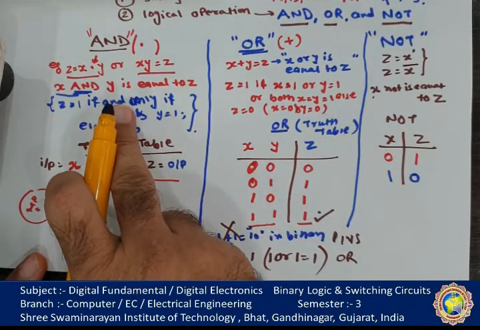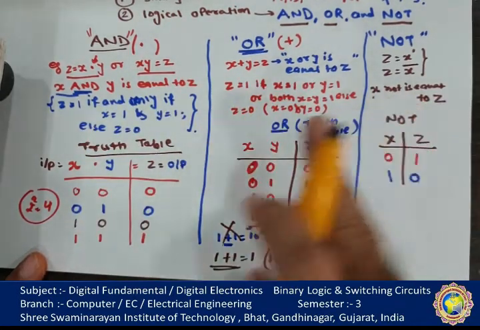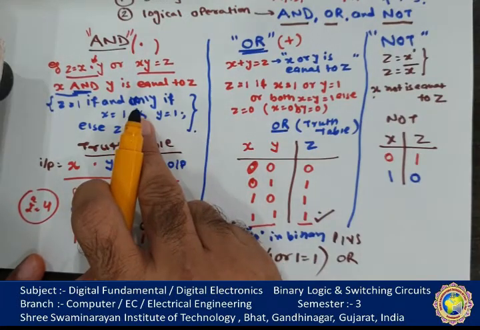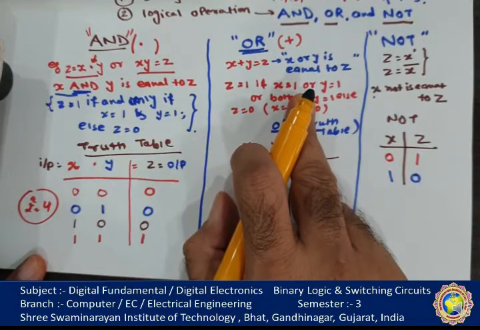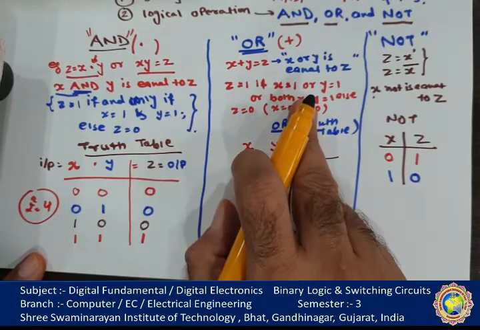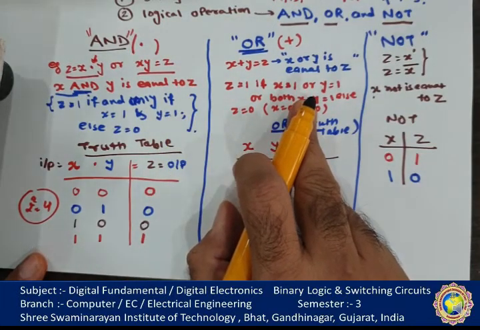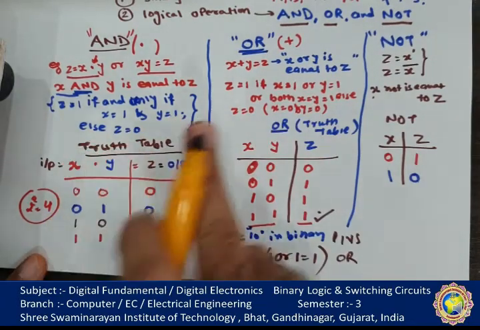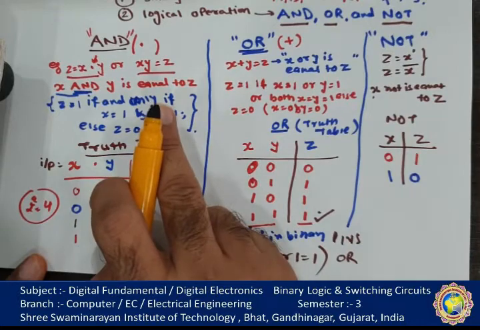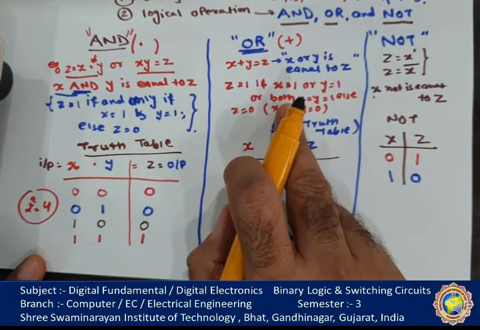Remember that binary logical operations resemble binary arithmetic operations. AND and OR have a similarity to multiplication and addition, and the symbols used for AND and OR are the same as those used for multiplication and addition. However, it is not the same thing. Binary logic should not be confused with binary arithmetic.